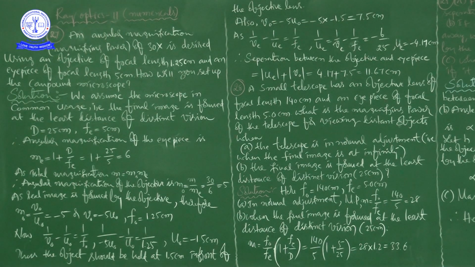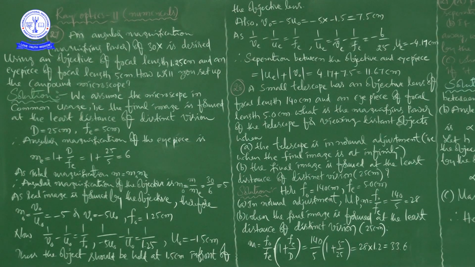These we all know, because in the last chapter, Ray Optics, we discussed optical instruments such as the microscope and telescope. In the microscope we discussed the simple microscope and then the compound microscope. For the telescope there are two types, terrestrial telescope and astronomical telescope. We also discussed the reflecting telescope.